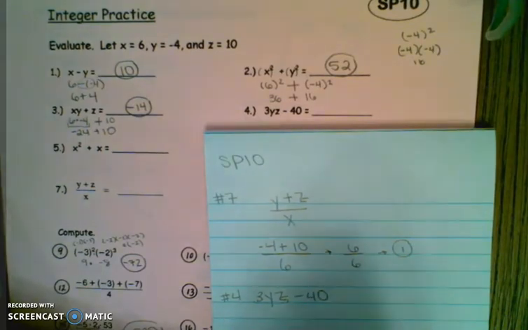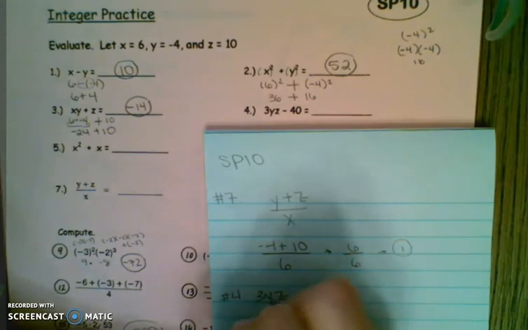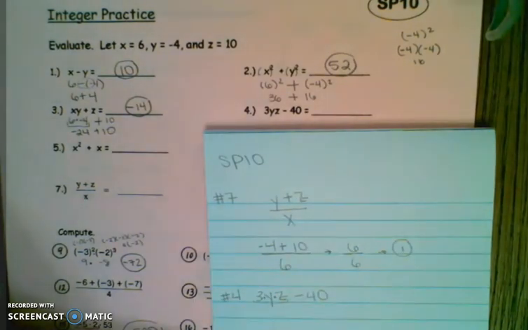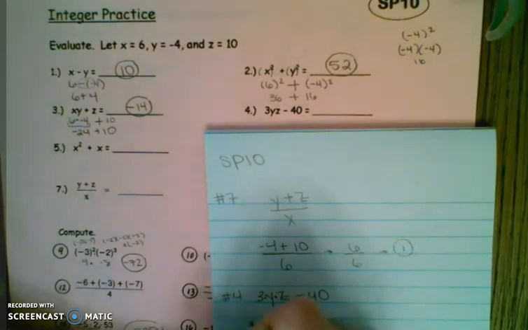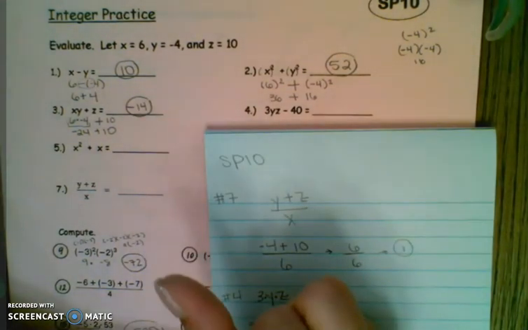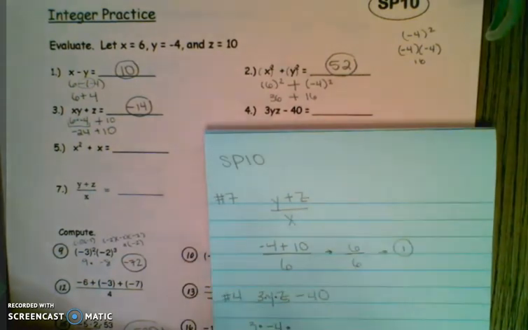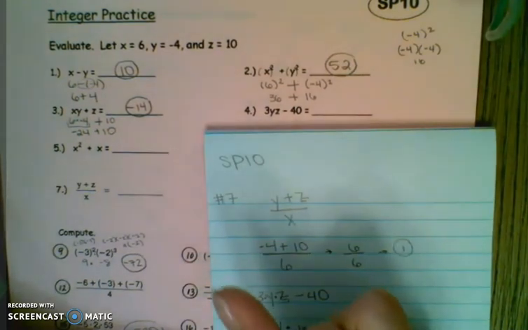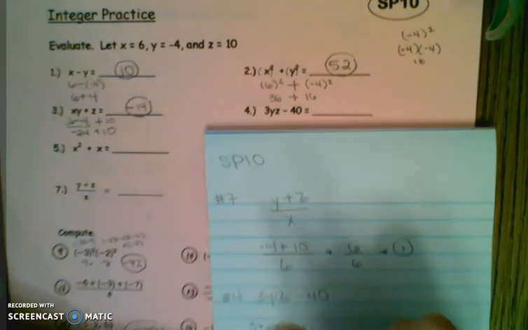So there's no sign, which means they're all multiplied. So I put little dots there. So this is 3 times, what's my y? -4 times z is 10. Then you're going to subtract 40.